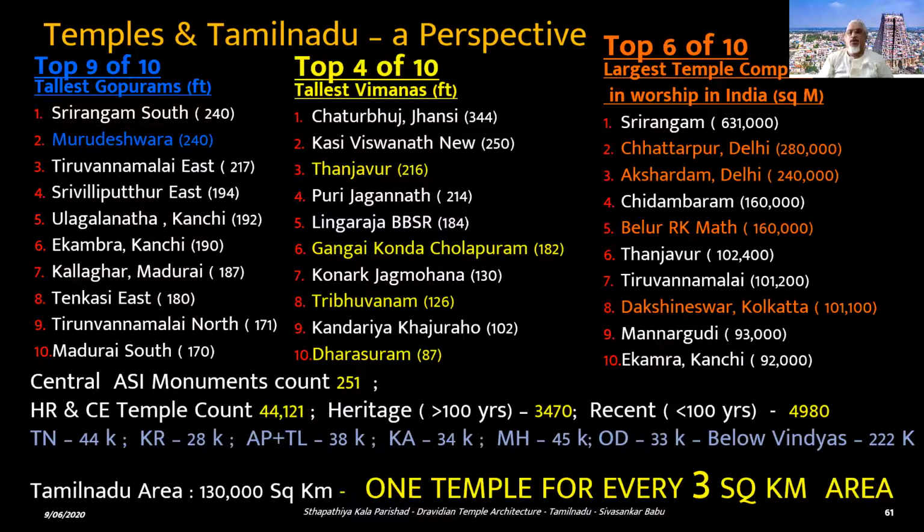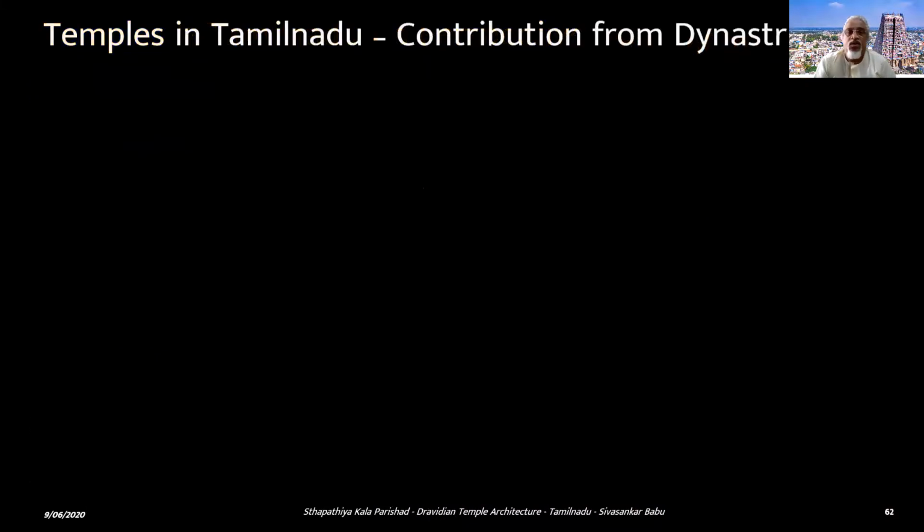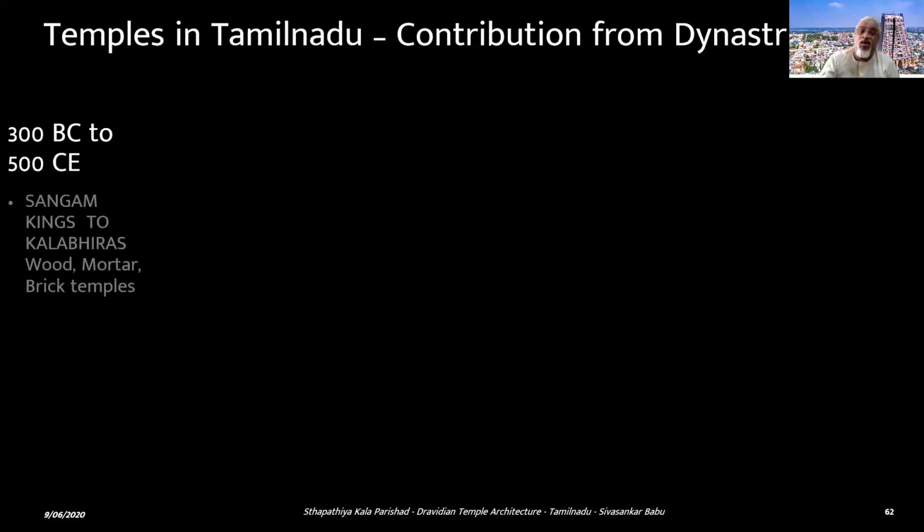So having said this context, let us see how this was constructed by the dynasties. First, let us have an overview of how the dynasties have done in a big picture from Sangam days up to the current days.